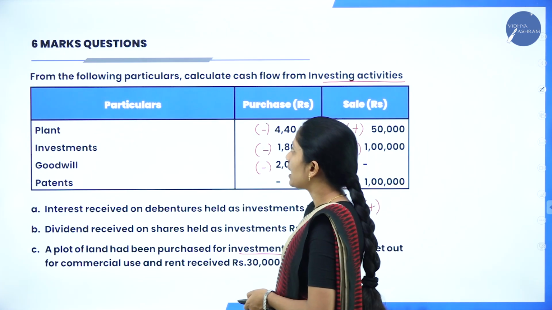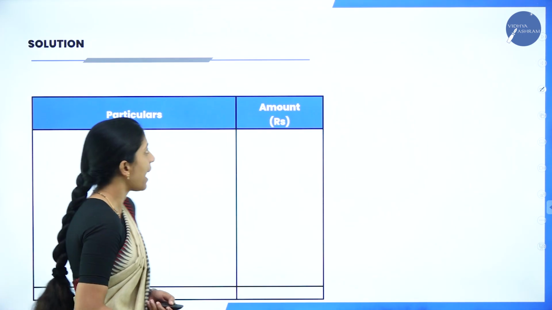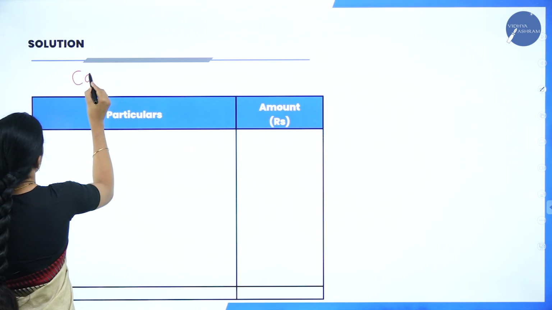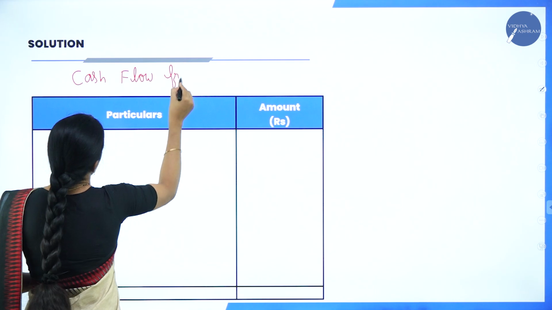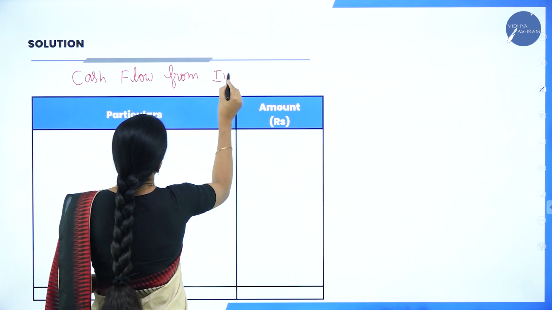So we will write the heading, cash flow from investing activities.